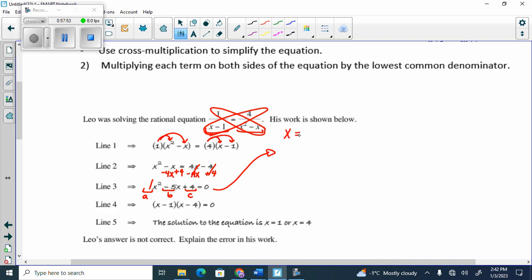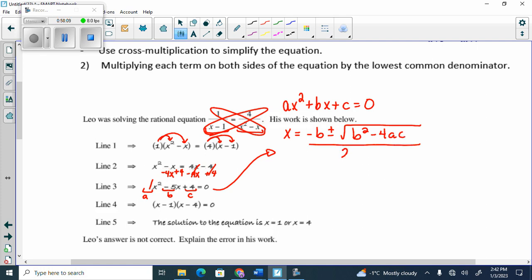It says in the form ax squared plus bx plus c equals 0, x equals negative b plus or minus the square root of b squared minus 4ac, all over 2a.